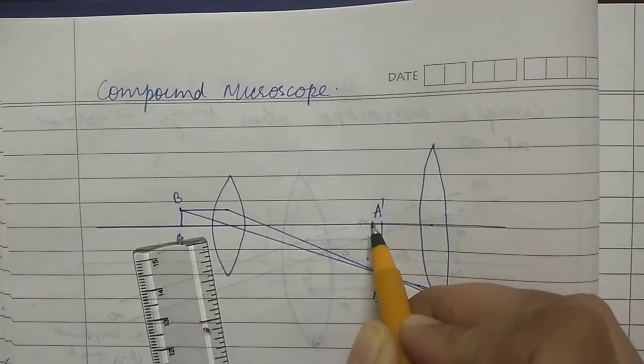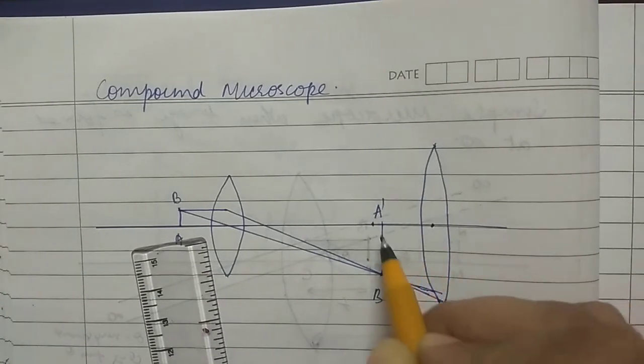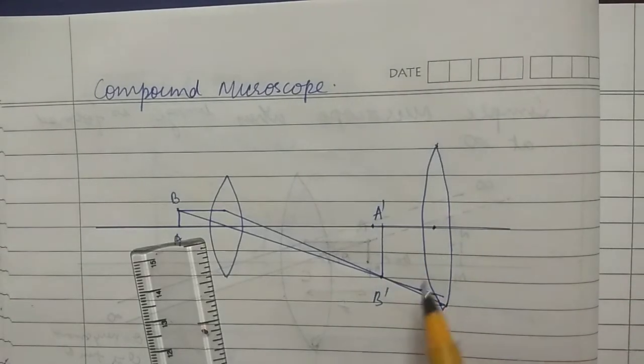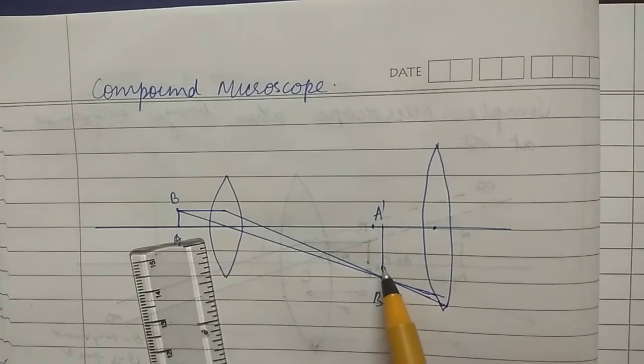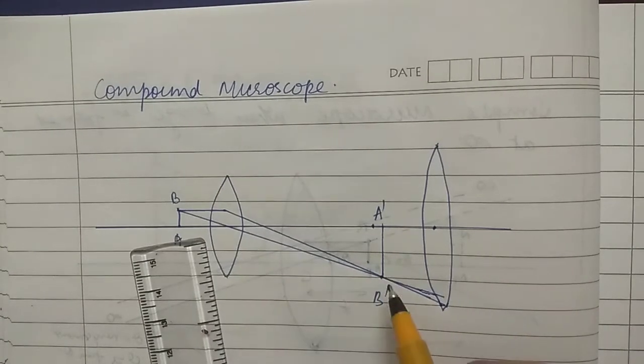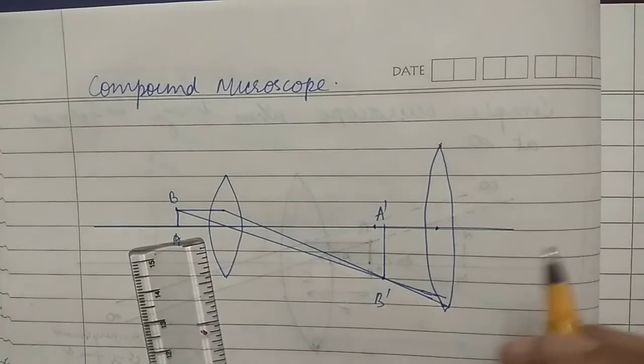Then let us consider the focus is here, this is the optical center. So in that case, this lens will give you the virtual magnified image of this object.